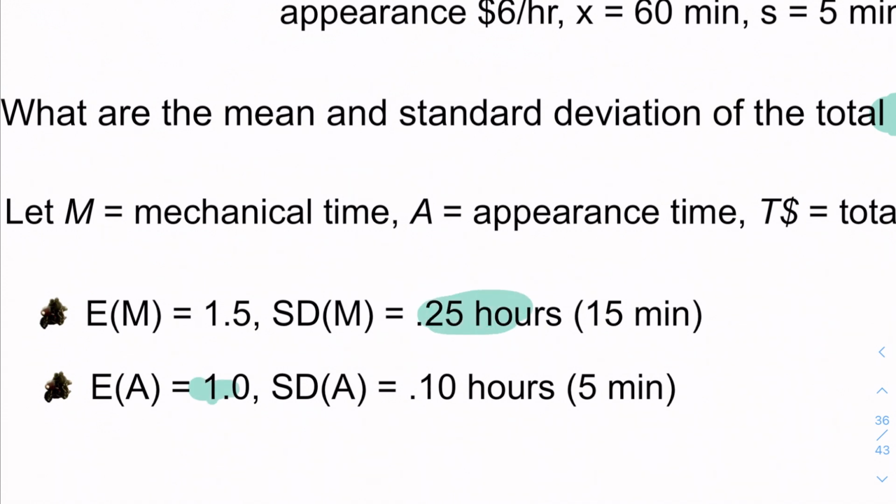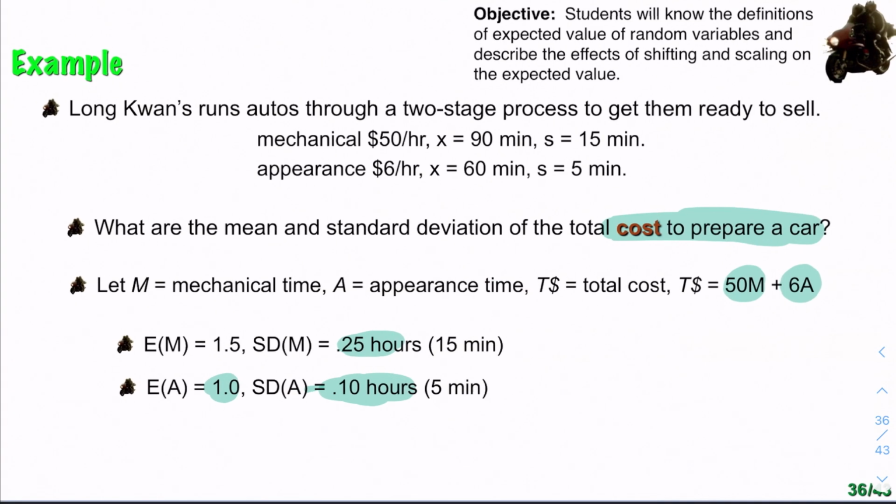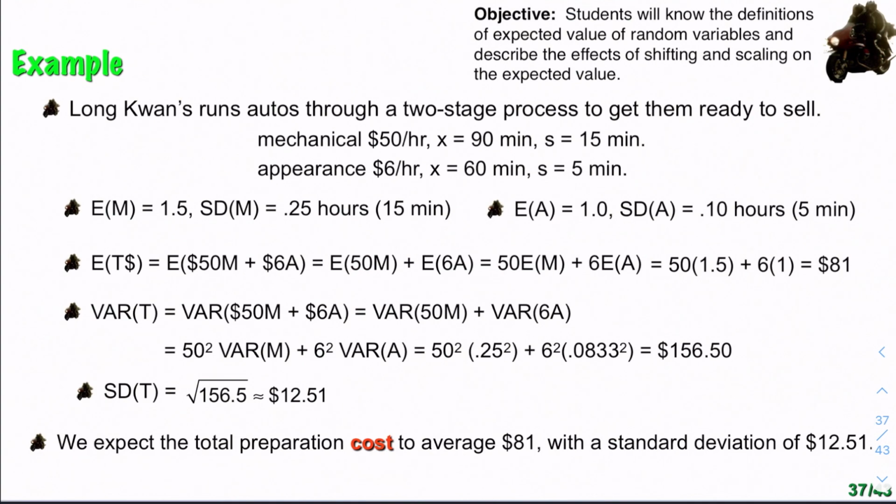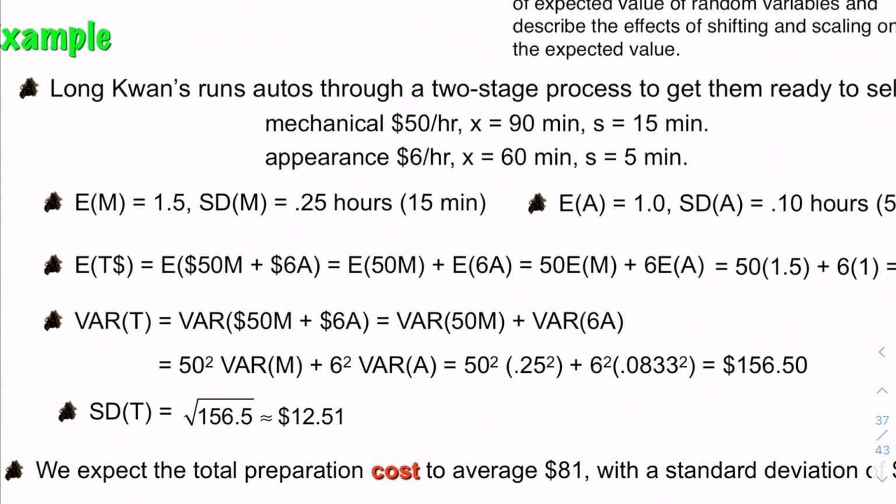Our expected value is 1 for appearance and the standard deviation is 0.1 hours or 5 minutes. So now we are finding the total cost, and so we are going to multiply each of those expected values in hours, because units need to be in hours, by the hourly rates, $50 an hour and $6 an hour.